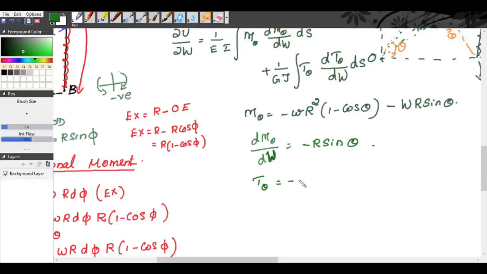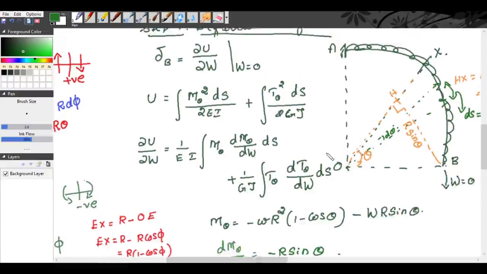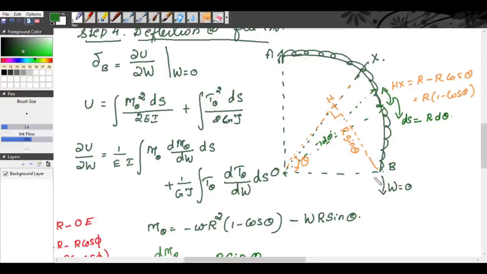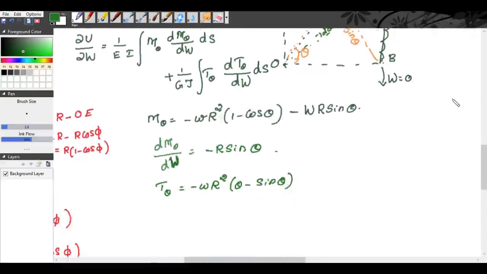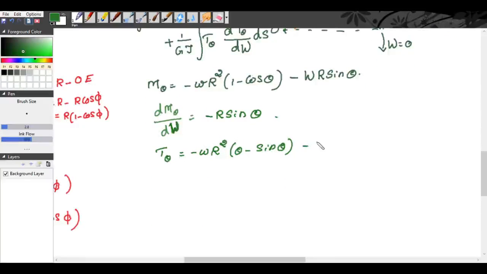Now for the concentrated load, it is W into Hx, so W into R into 1 minus cos theta, that is minus W into R into 1 minus cos theta.